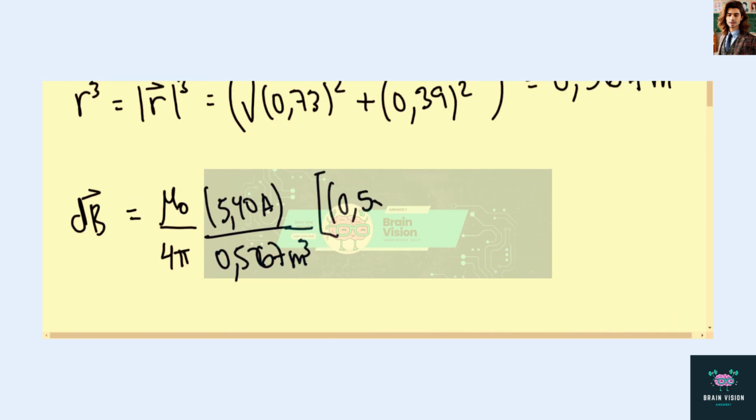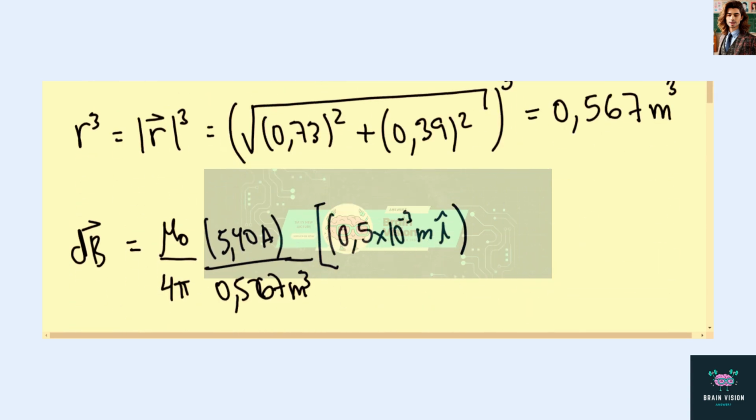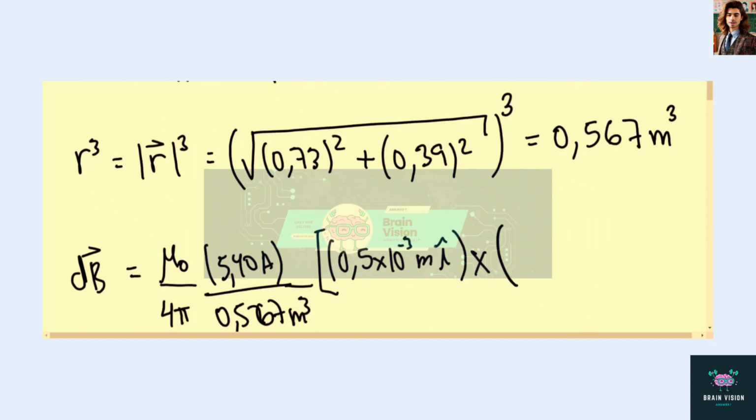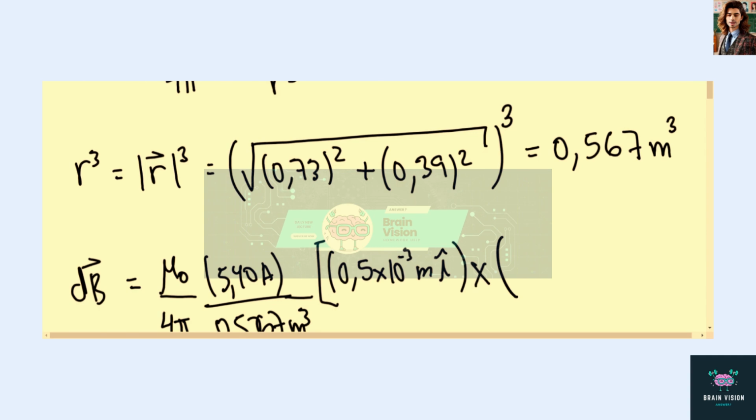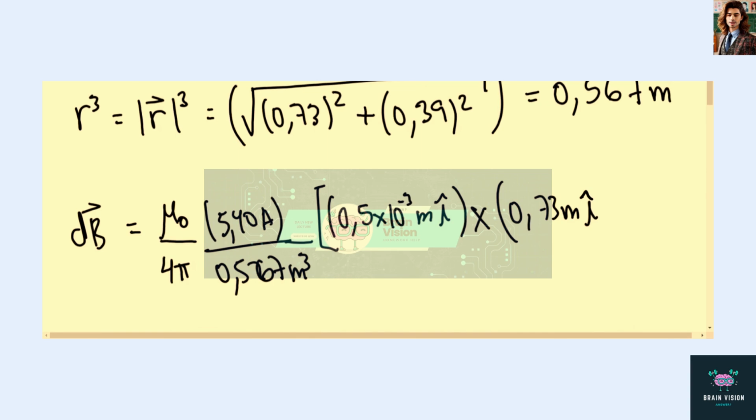So that millimeters is 10 to the minus 3 meters. This in the I direction, cross product between 0.73 meters in the I direction, and this is plus 0.39 meters in the K direction.